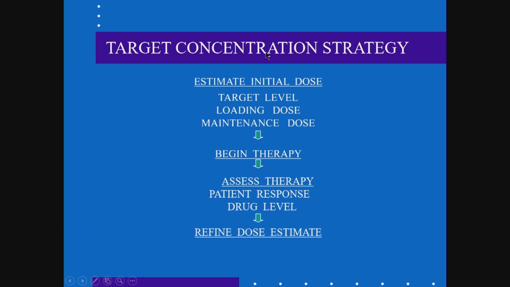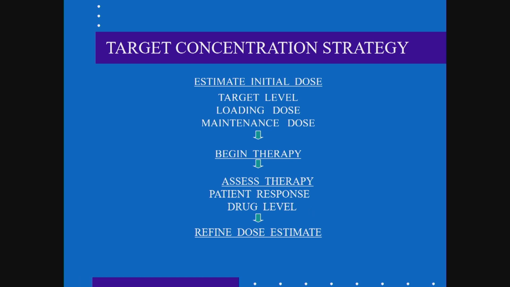We have an estimated initial dose that we administer with a target level in mind. Some drugs need a loading dose to establish a therapeutic concentration quickly, followed by maintenance dose. Other drugs we begin simply with a maintenance dose. Therapy is initiated, and then we have to evaluate the patient. We need to see the response in the patient.